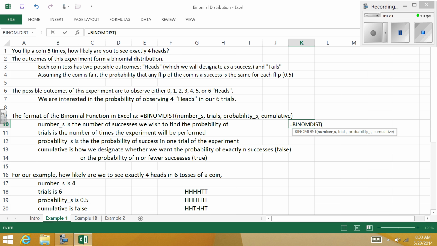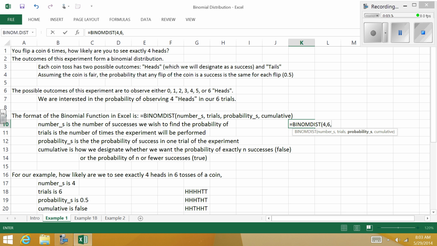It's going to be either the word true or false. We use false if we want the probability of exactly N successes, so exactly 4 heads, or the probability of 4 or fewer, then we write the word true. So for example, in our 4 heads in 6 tosses of a coin, we're interested in the number of successes being 4. The number of trials is 6 because we're going to flip the coin 6 times.